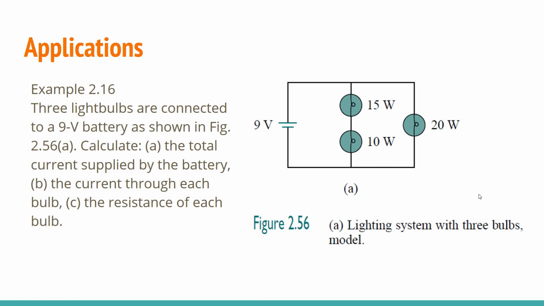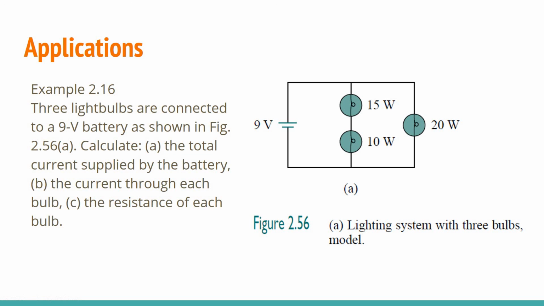As you can see in the figure, the 15-watt and the 10-watt bulbs are in series, and these two are in parallel with the 20-watt bulb. Since the 20-watt bulb is in parallel with the 9-volt supply, its voltage is equal to 9 volts. The total voltage of the 15-watt and 10-watt bulbs is also equal to 9 volts, so that 9 volts is subdivided between them.